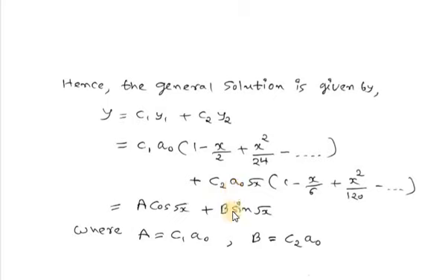Replacing c2 a0 by b, and if we multiply root x by all the terms, you will get the Maclaurin series of sine root x. So replacing this whole term by sine root x, y equals to a cos root x plus b sine root x, where a equals to c1 a0 and b equals to c2 a0, is the required series solution of the given differential equation.